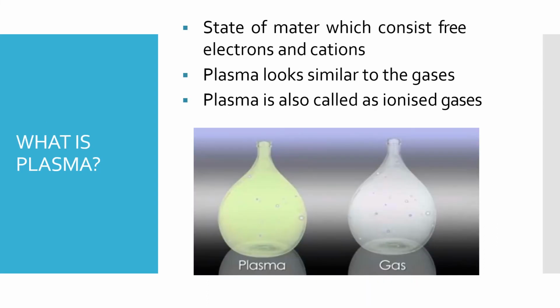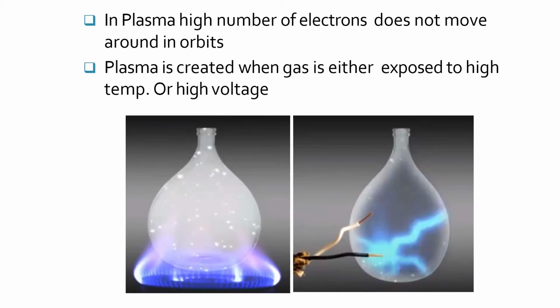So now, what is plasma? Plasma is a state of matter which consists of free electrons and cations. Plasma is most similar to gases, only that they have a bright color. Most plasma is called ionized gas. In plasma, a high number of electrons do not move around in orbit, so they move freely.